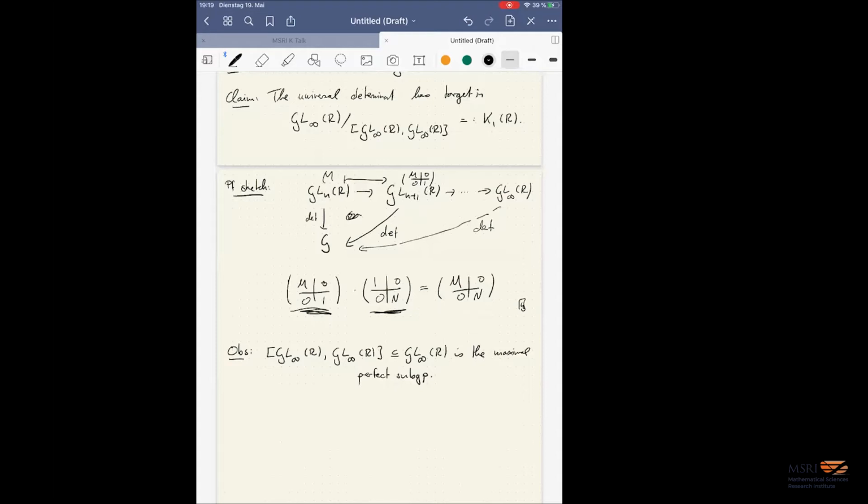And in homotopy theory, there is a universal way to kill a perfect subgroup in pi_1, or the maximal one in this case, namely the plus construction.